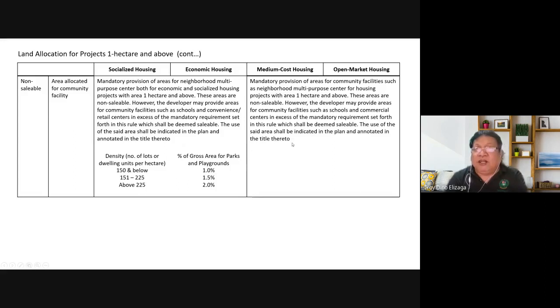Especially if you have a very, very big land, even your non-saleable area of 30% can be quite big. So you can still assign some schools there if it's not saleable. But even then, even the saleable portion is still too big, no? Because probably the real estate developer thinks that only a certain number of houses can be sold.